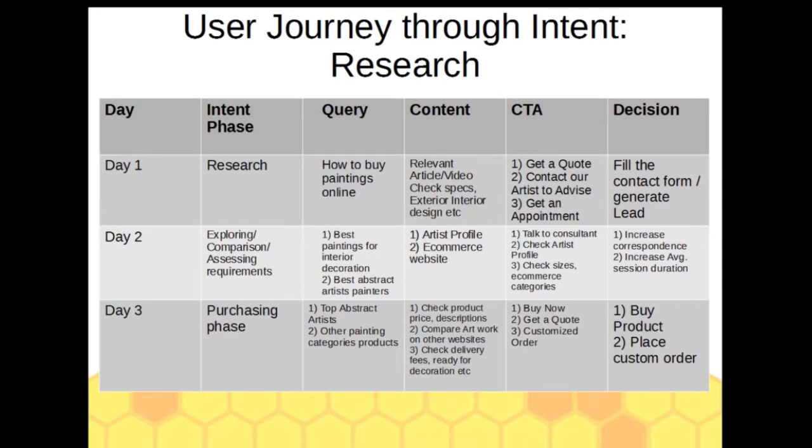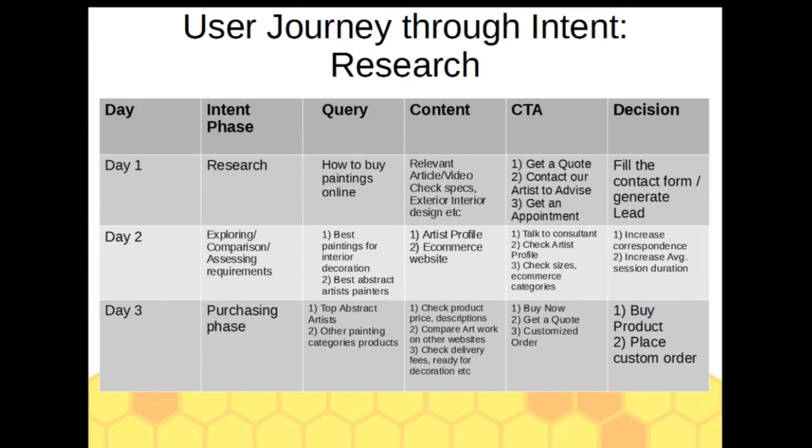This is the user journey based on the intent that a user has when they start researching. Now, this research could be broad. It could be about best painters online, best painters for inspiration. This intent doesn't show that they want to buy. They could be an artist themselves or becoming an artist.